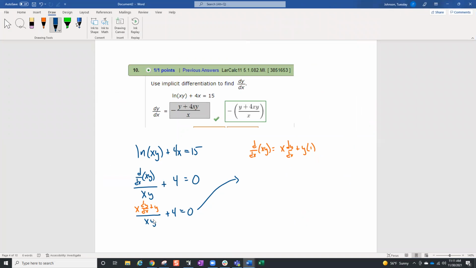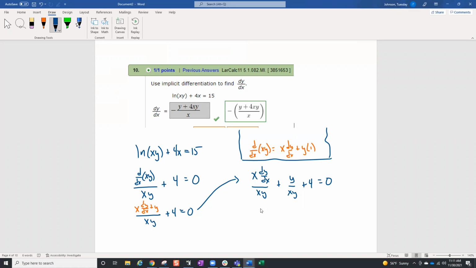So if I am adding over a common denominator, I will have x dy dx divided by xy plus y divided by xy plus 4.